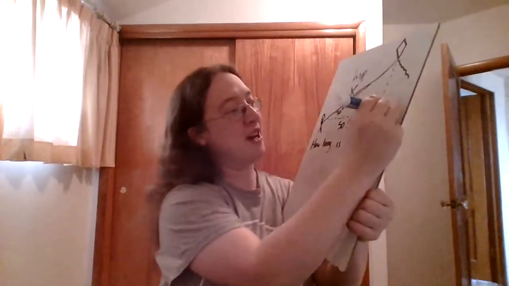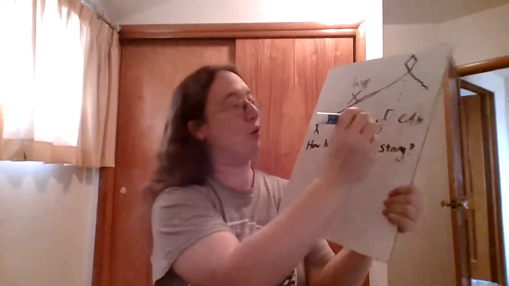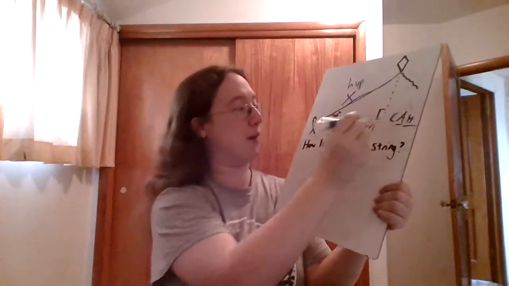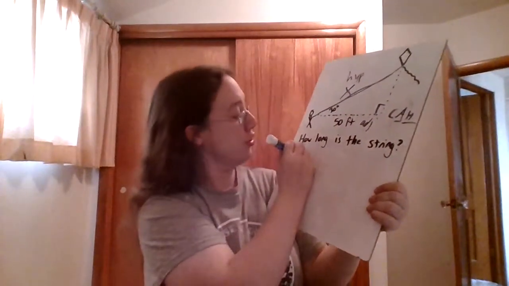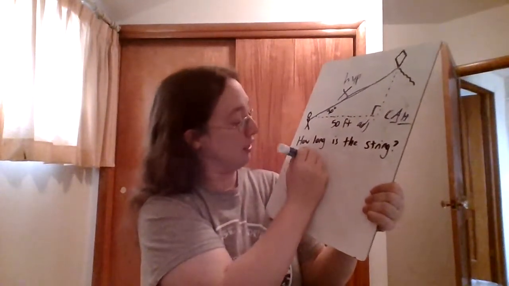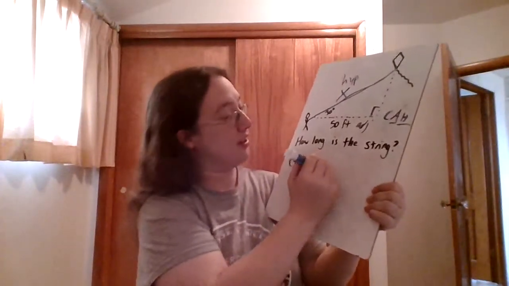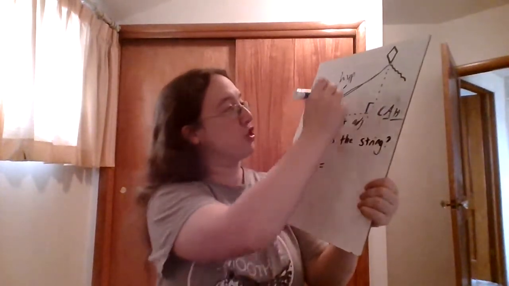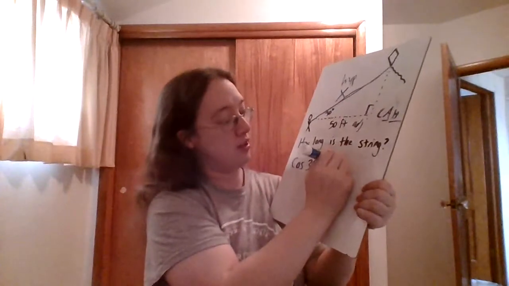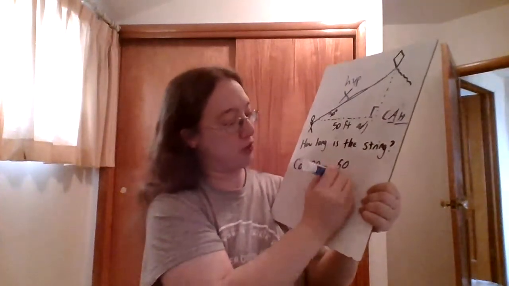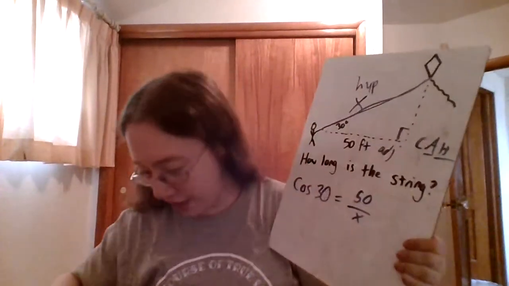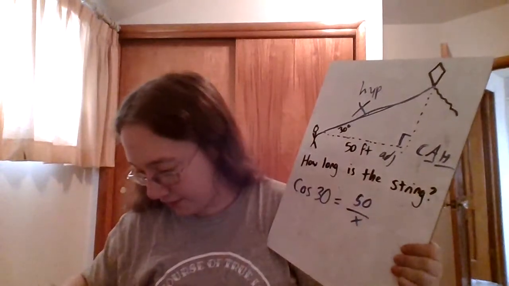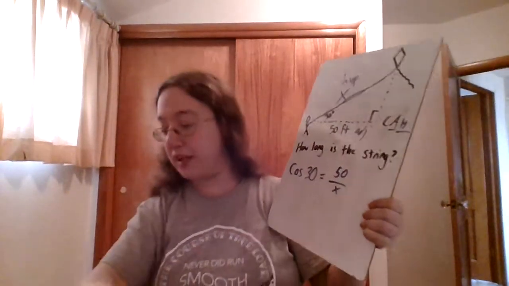So that's the CAH part of our SOHCAHTOA, because we have our adjacent, we want our hypotenuse. So our cosine of 30 degrees is going to be our adjacent, which we have, over our hypotenuse, which we're looking for, and the cosine of 30 is just a number. Length is about 0.866.